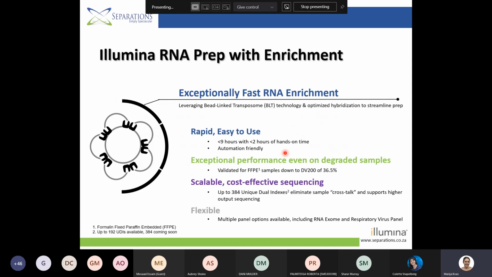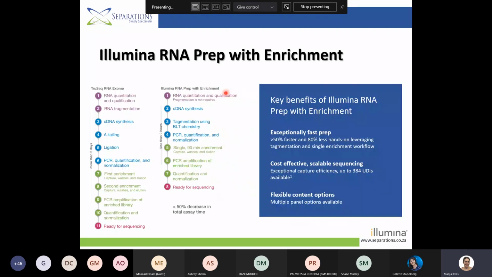When it comes to targeted approaches, we also have what we call Illumina RNA Prep with Enrichment. This is a fairly new library prep. Illumina has borrowed from Nextera technology here. So the way this specific RNA prep is done is we would obviously have cDNA synthesis, right?